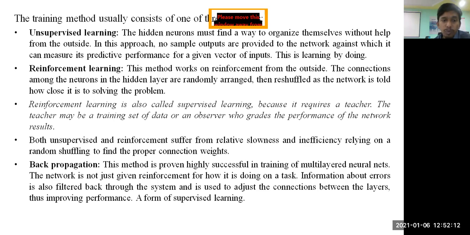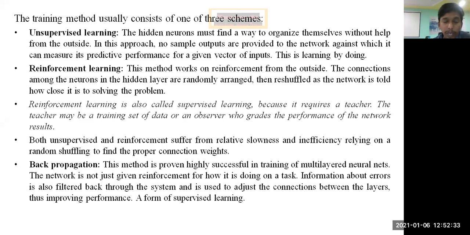So both unsupervised and reinforcement learning suffer from relative slowness and inefficiency, relying on random shuffling to find the proper connection weights. This is one of the issues which a developer needs to look into whenever designing recurrent networks or unsupervised or reinforcement learning methods.